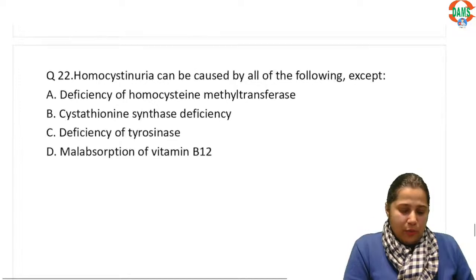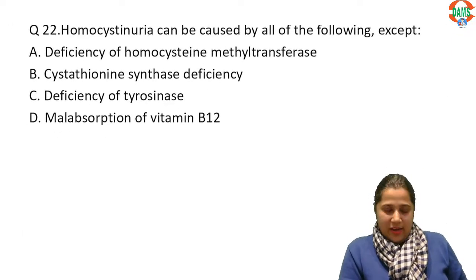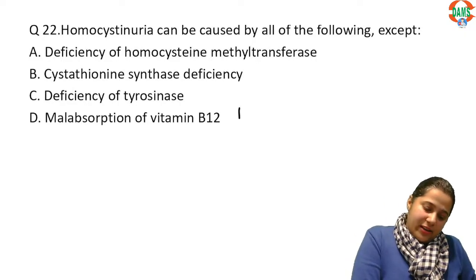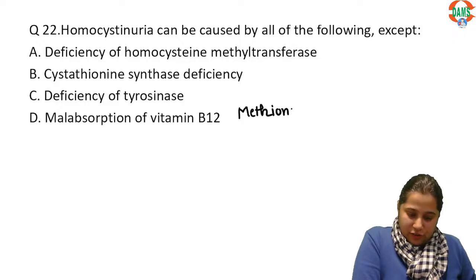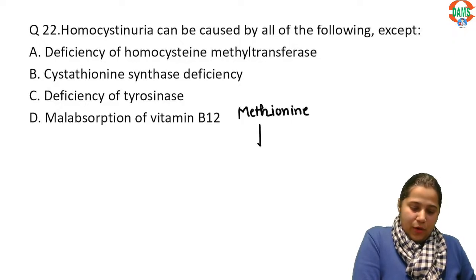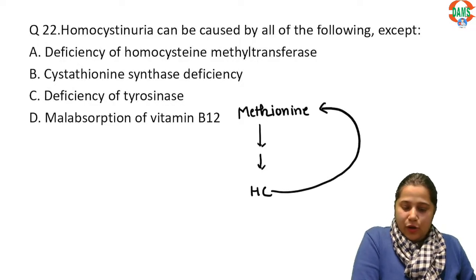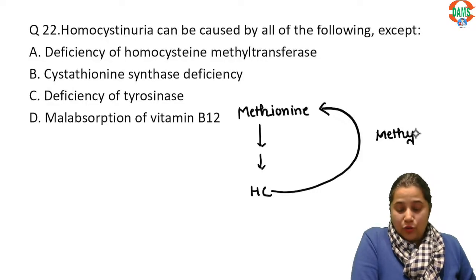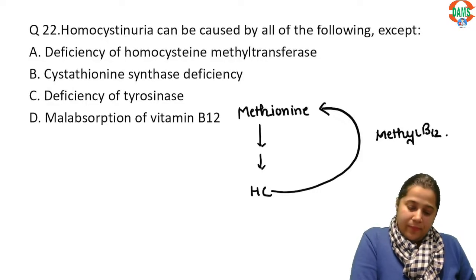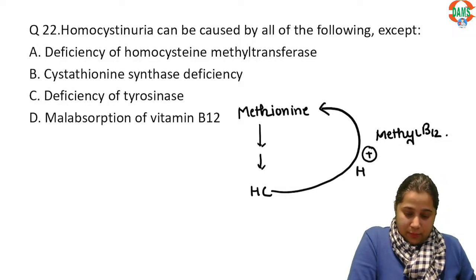Question number 22. Homocystinuria can be all of the following except. We just said that methionine via a series of reactions will first form homocysteine. Homocysteine is converted to methionine by methyl B12, and we also need the enzyme homocysteine methyltransferase.